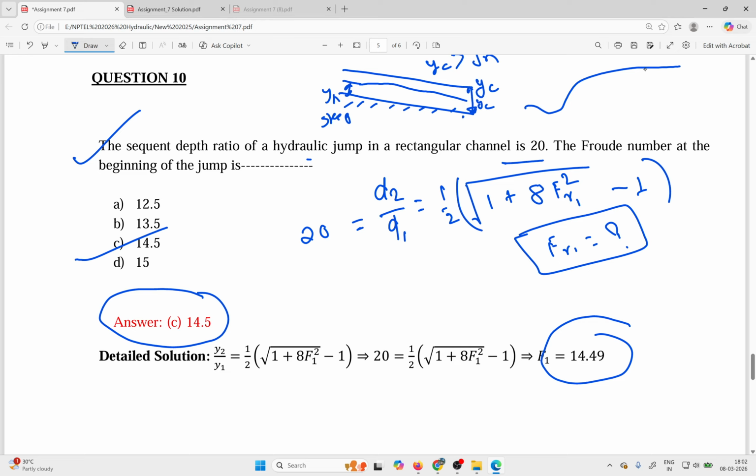Once you put the maximum value in the numerator and the smallest value in the denominator, then you will get only this 20. If you put the bigger one in the numerator and the smaller one in the denominator, you will get the bigger value. That's why here you need to write d2 by d1. So just check your calculation.